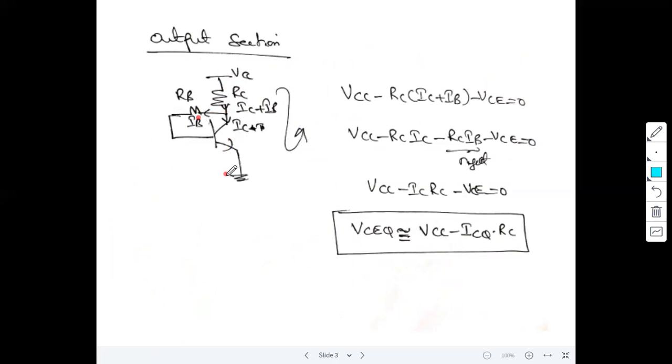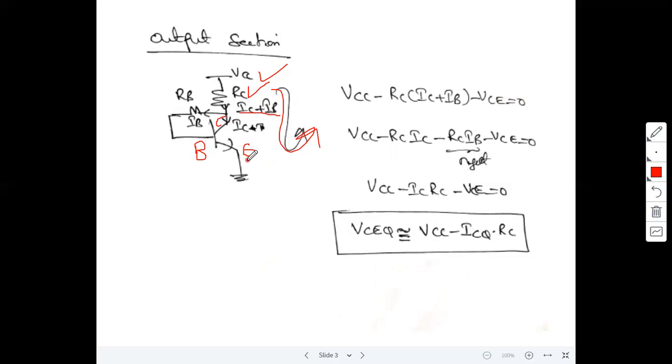This is the circuit diagram here. What is the loop of the output section? This loop contains VCC and RC. What is the current flowing through RC? IC plus IB. Remember this. And there is a junction voltage VCE. At the input side, the junction voltage is VBE; at the output side, the junction voltage is collector to emitter.